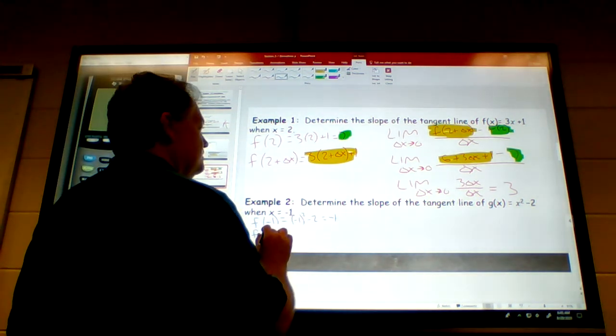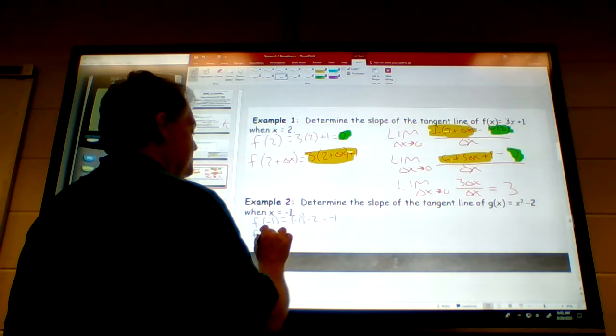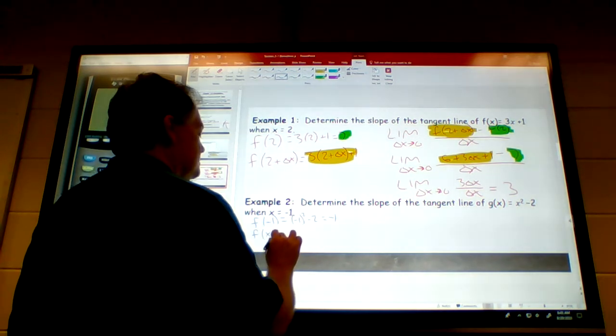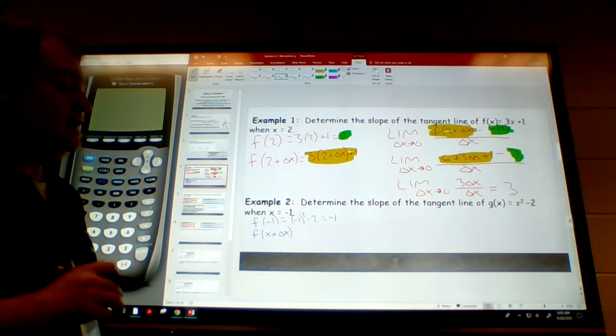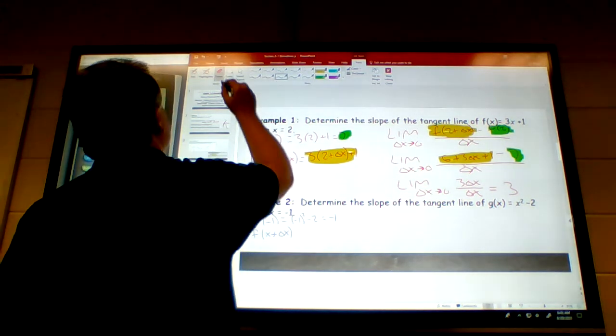f of x plus delta x. And actually, I wrote that wrong, so let me fix that.